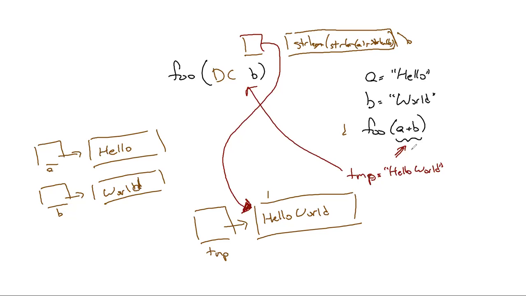Well, it depends. It depends what happens to temp. What happens to temp when it gets deleted? Temp only exists from the minute we finished running the A plus B, the operator plus, until the time that it is passed into the copy constructor for B. After that, temp itself is deleted.